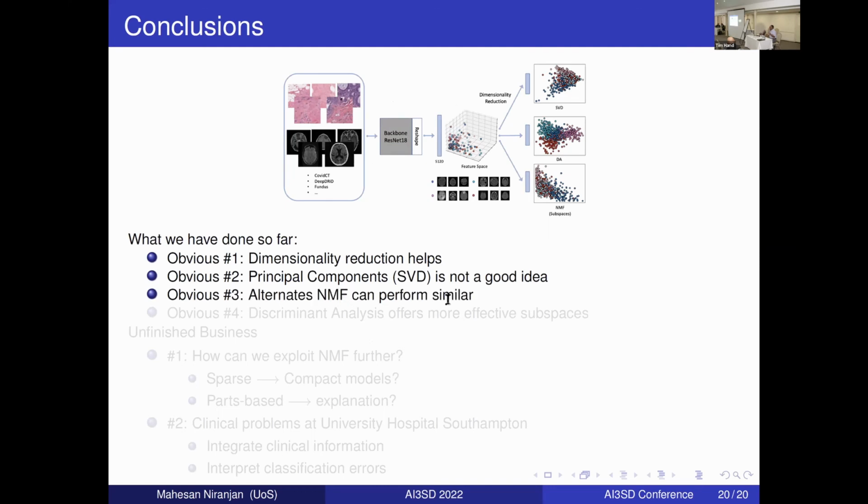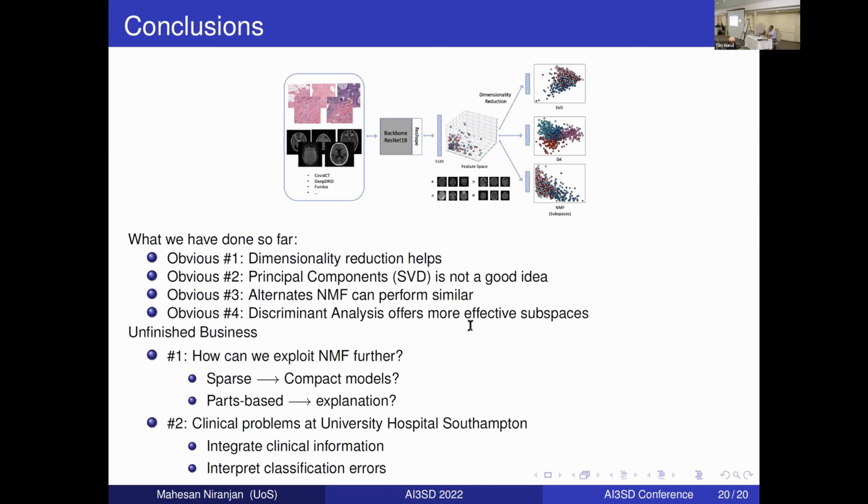NMF can be a decent alternative, and there are things about NMF we have not exploited. I'll tell you in a second. Discriminant analysis, because the data has class labels and a bunch of classes, offers you a much more effective subspace to reduce the data before doing further classification.